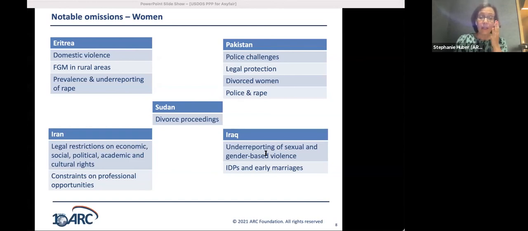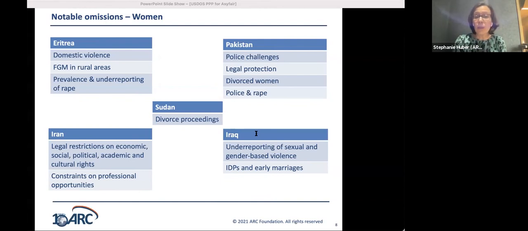With regards to Iran, omissions related to legal restrictions on women's economic, social, political, academic, and cultural rights. With regards to Iraq, there was an underreporting of sexual and gender-based violence due to social stigma, societal retribution, cultural norms. Example in Pakistan was there was an omission on the actual situation of divorced women.